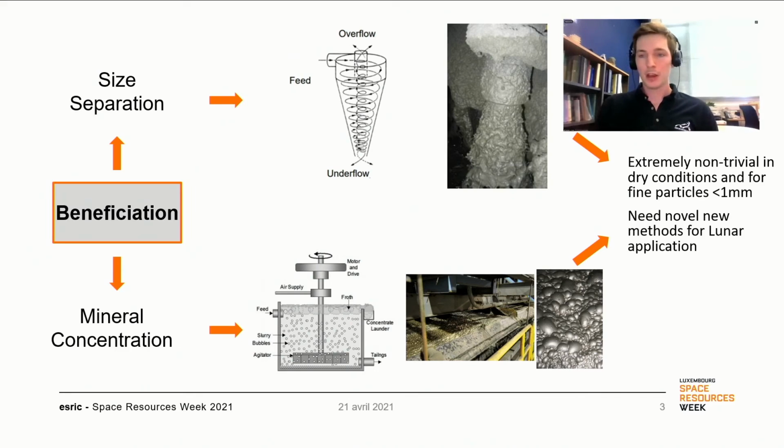And for mineral enrichment, you have froth flotation, which is very much the industry standard. As the images suggest, these are both very water intensive processes, which do not make them very well suited for the lunar vacuum.